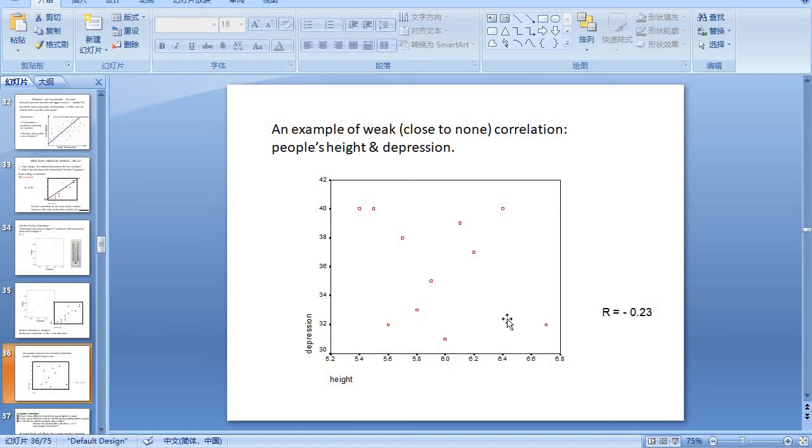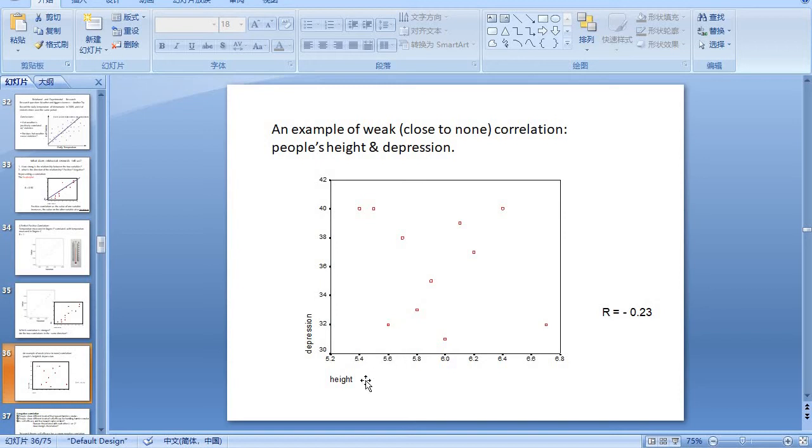You see a weak correlation because the tall people, some of them are high in depression, some are low in depression, some are in the middle, and then the short people, they also might be high in depression or low in depression.